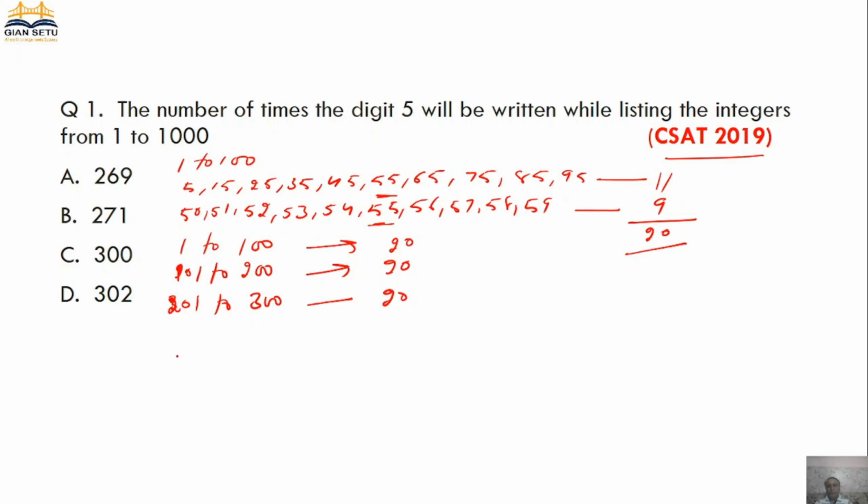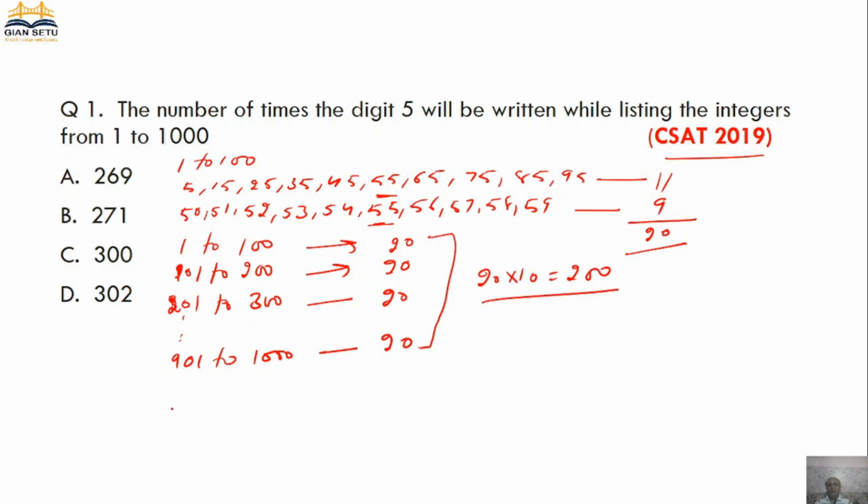And so on, till 901 to 1000, it will appear 20 times. So digit 5 appeared 20 into 10, that is 200 times.